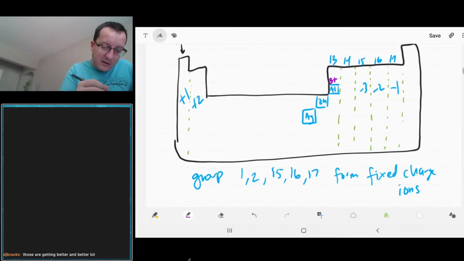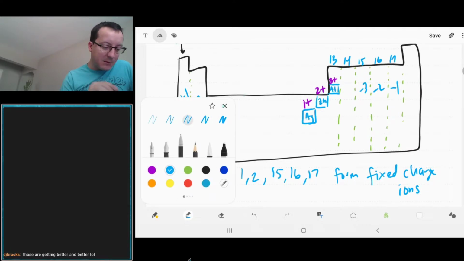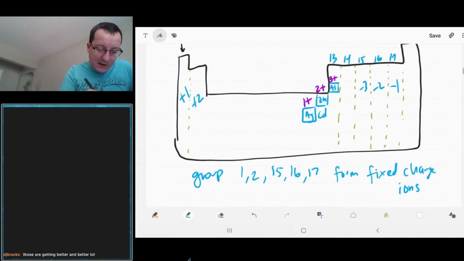Aluminum is going to be 3 plus. Zinc is always going to be 2 plus. And silver will always be 1 plus in an ionic compound, as we're going to see. We're going to learn how to form ionic compounds in a little bit. Just so you know, also cadmium, which is right below zinc, will also be +2.